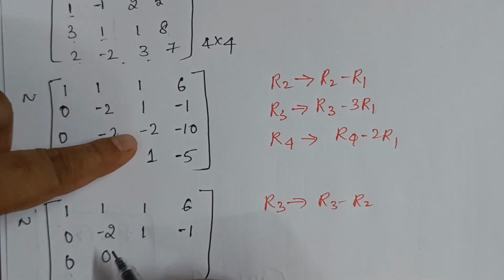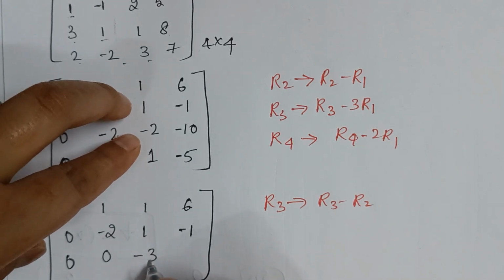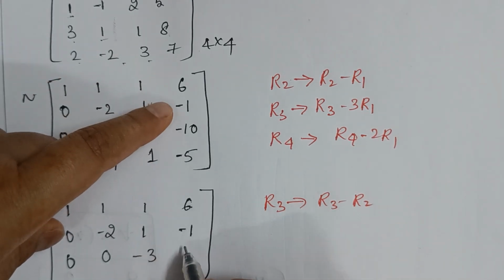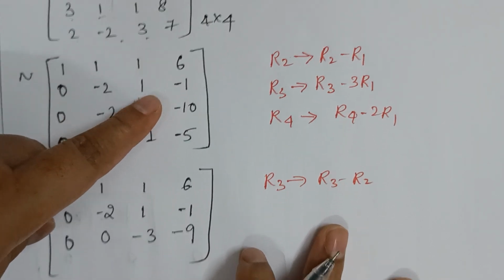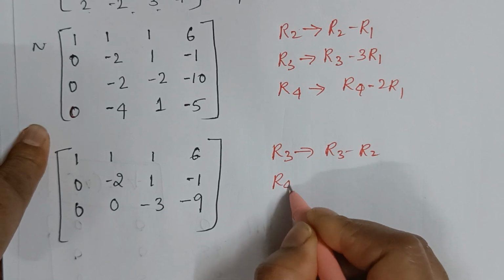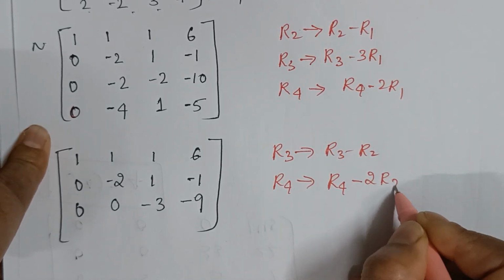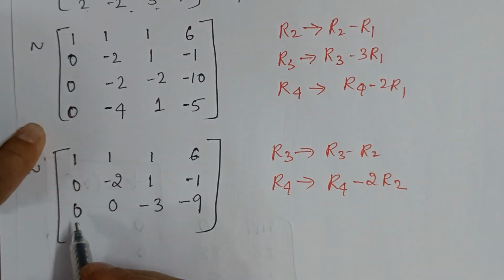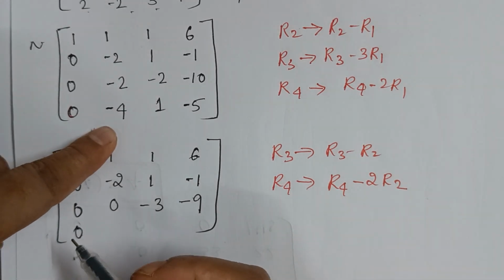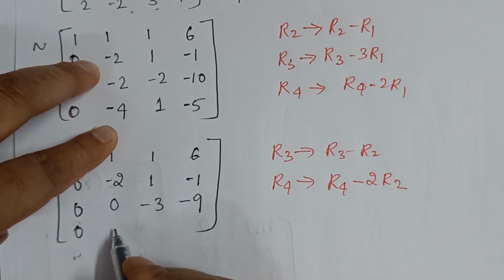So 0, minus 2 minus 1, minus 3, minus 10 plus 1, it will become minus 9. Correct. Now row 4: row 4 changes to row 4 minus 2 times row 2. If I perform this, 0 as it is, minus 4 plus 4, minus 4 plus 4, it will become 0.